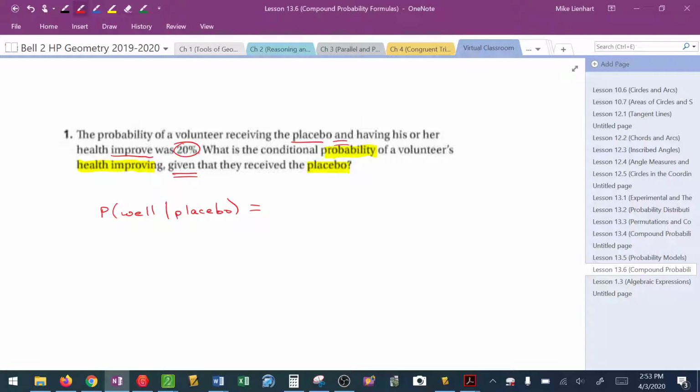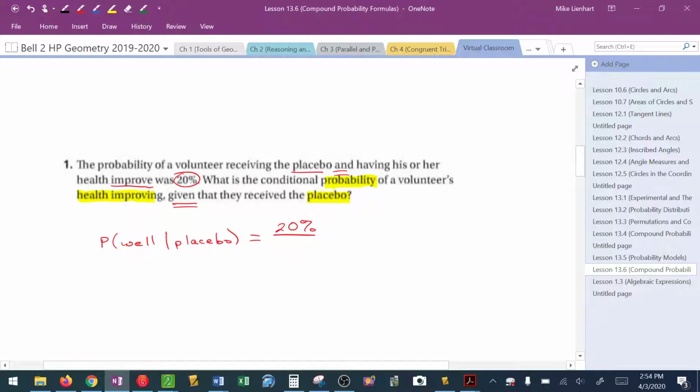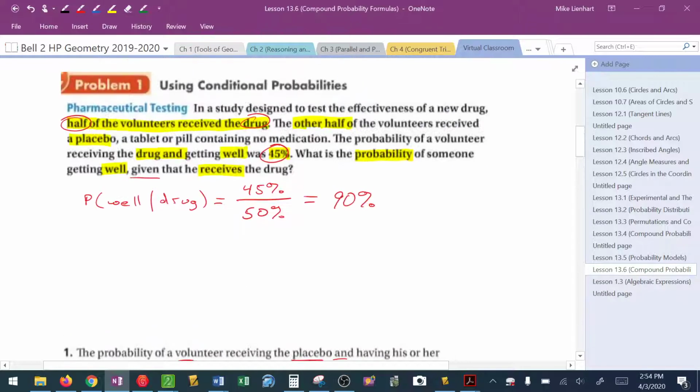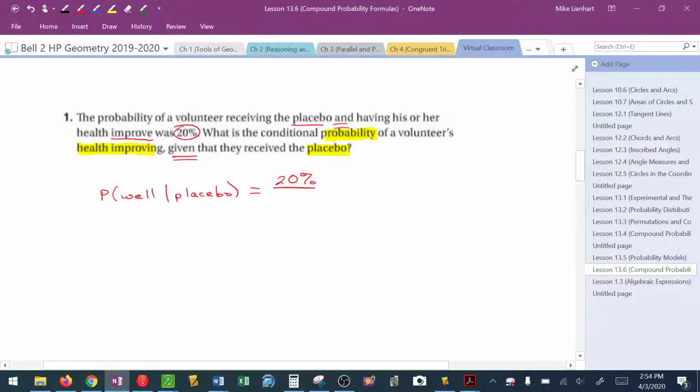Remember, that's health improving. So that would be 20%. And then our total is the total that took the placebo, which up here says half took the placebo, so that'd be 50%. If I take 20% divided by 50%, that simplifies to 40%.